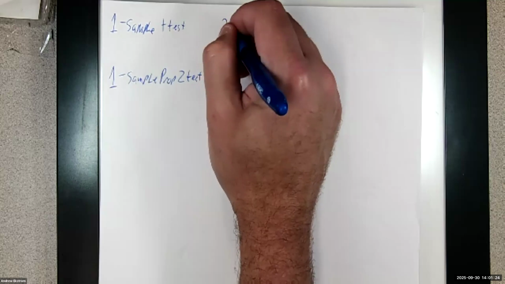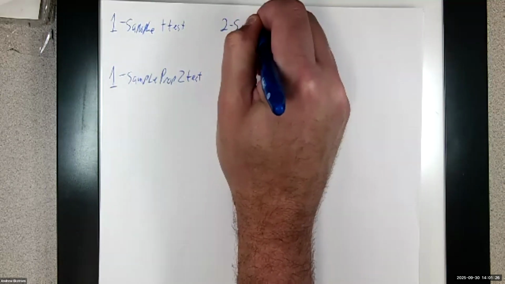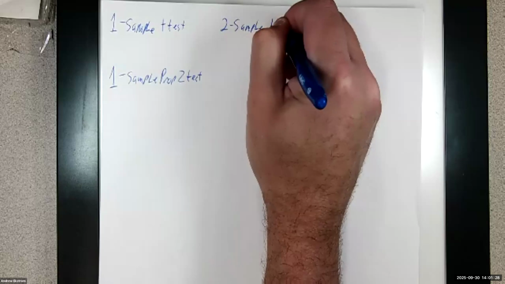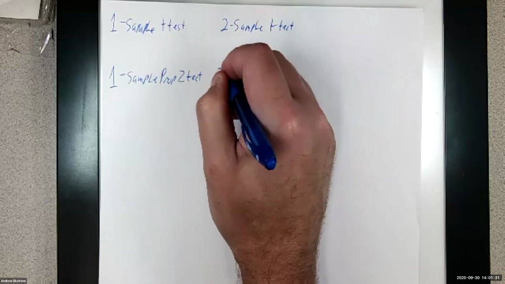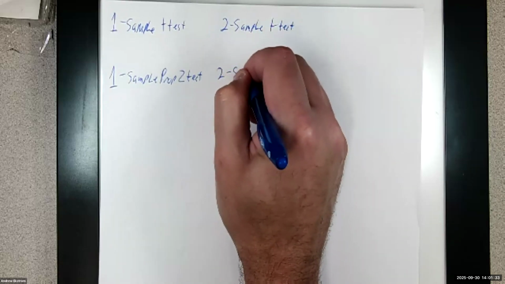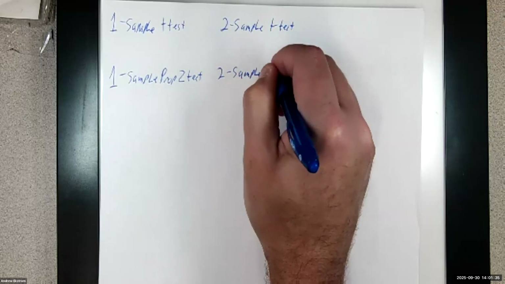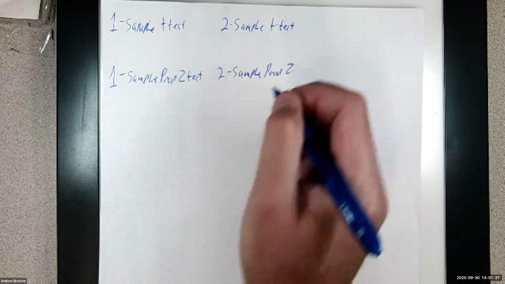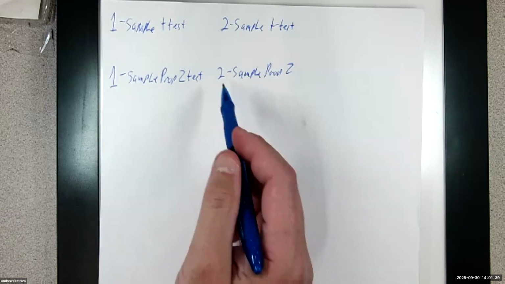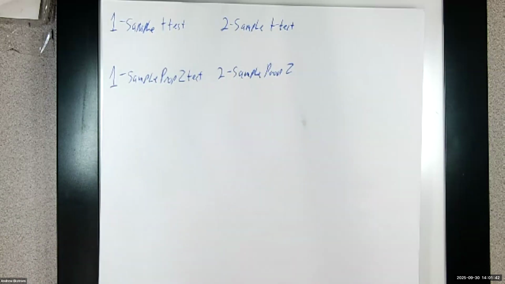Then we got into two sample t-tests. And then a two sample prop z. So these allow you to compare two different groups if you wanted to.